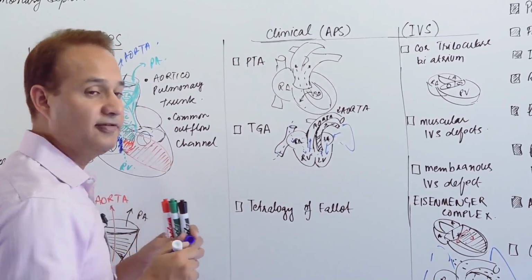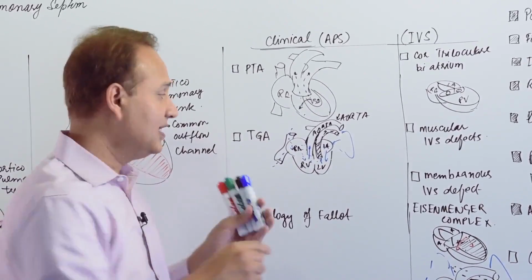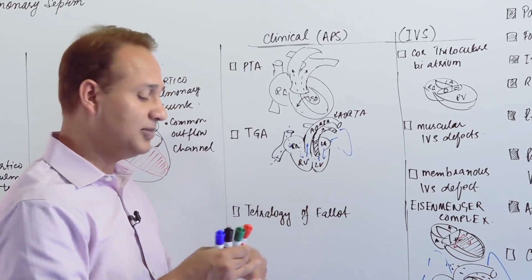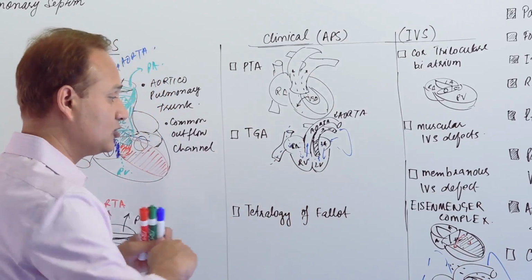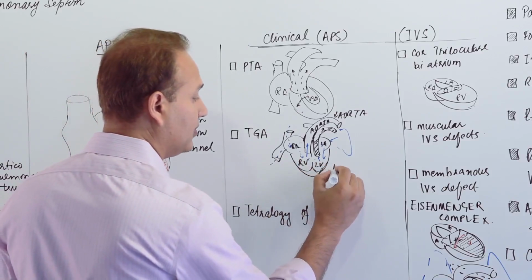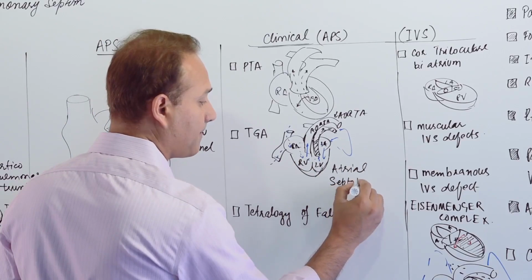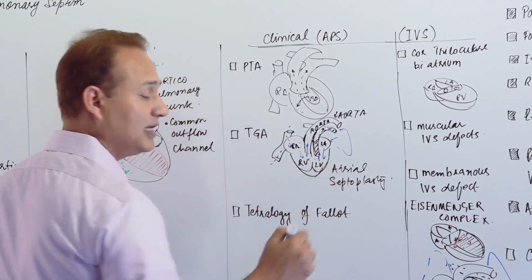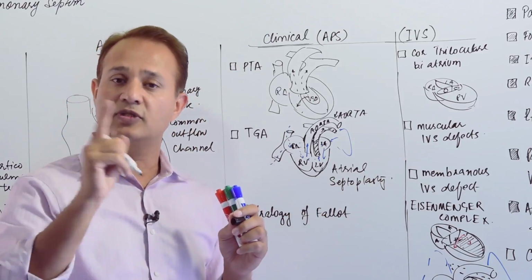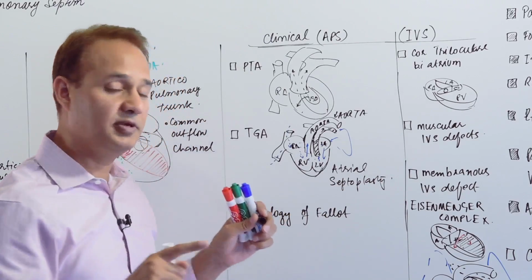However, if there is no septal defect or a very minor one, then this is not a compatible situation, and as soon as the baby is born, the surgeons have to perform an atrial septoplasty. They have to surgically create a hole in the atrial septum so that there is a left to right shunt and a right to left shunt. So that is how that shunt will be produced.